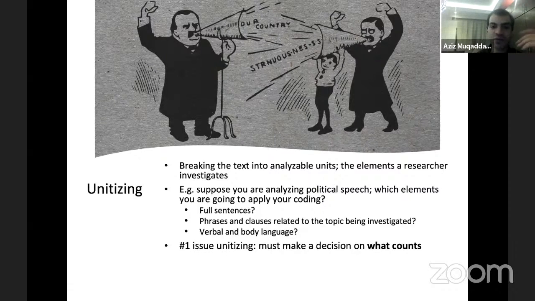We know in a speech we use a lot of "and"s like that, and sometimes people get distracted and talk about specific things or use other incoherent words. So suppose you're doing content analysis. Would you choose to look only at full sentences and exclude incomplete sentences? Are you only looking at phrases and clauses related to the topics being investigated?